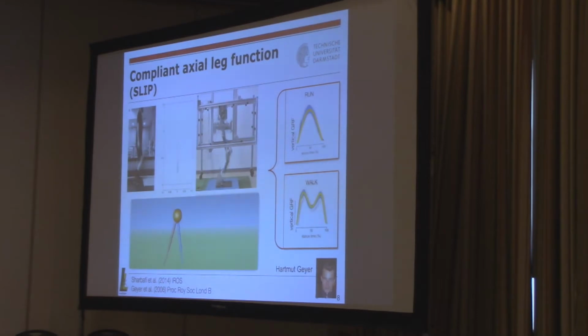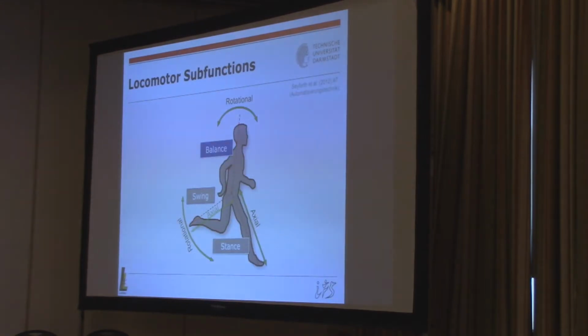I don't want to explain more about that, but you know the work from Hartmut, who developed walking and running with this SLIP model and bipedal SLIP model, and generated similar ground reaction force patterns, center of mass movement, and so on. It means that our template model for stance leg control is SLIP. It could be other things, but we use this.